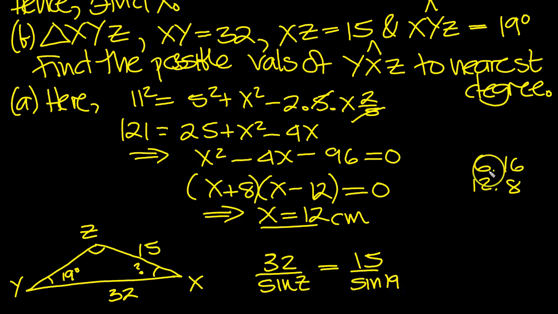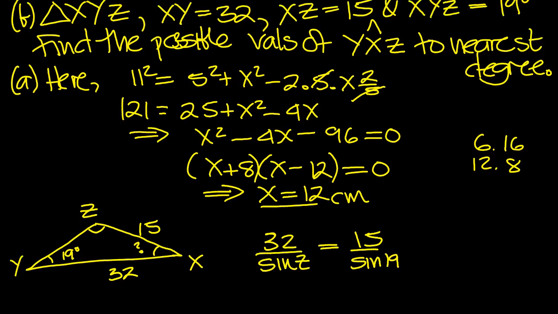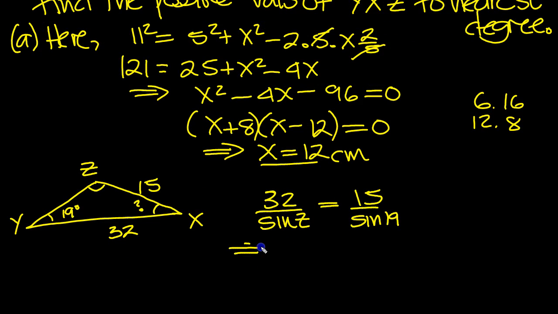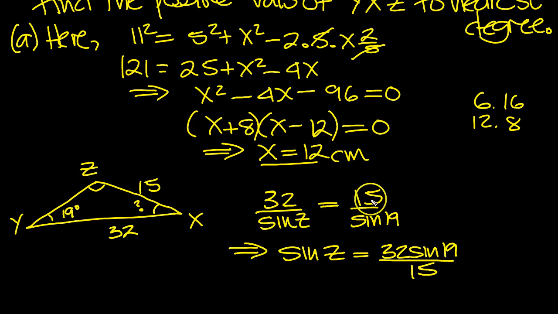So that tells us then that sine Z is going to equal, move the sine up to be with the 32, sine 19, move the 15 to be underneath, and then move the sine Z up to be on this side and read from right to left, and this is what we get.